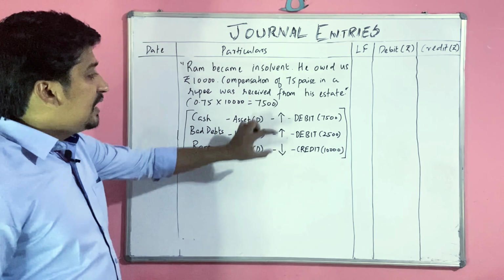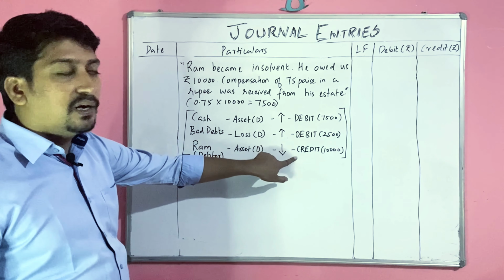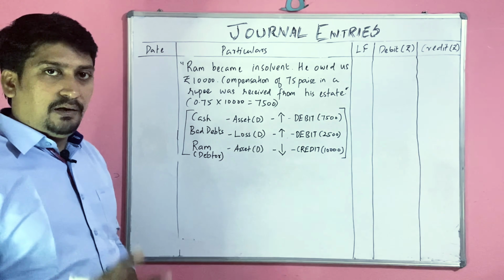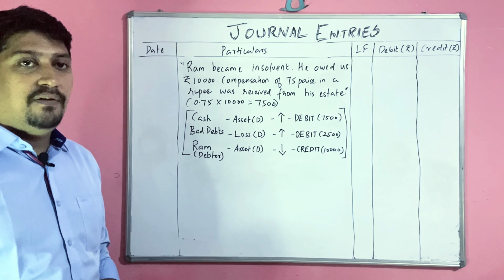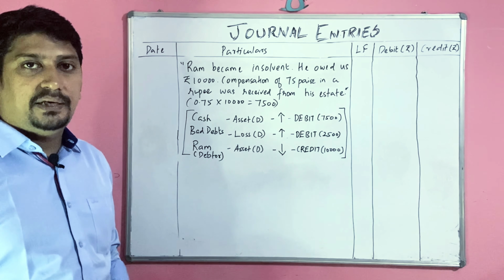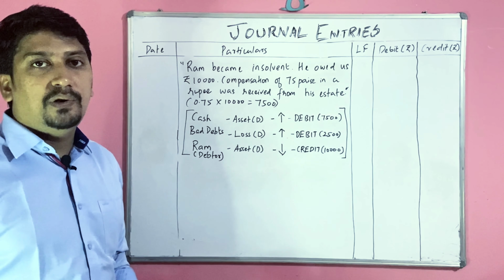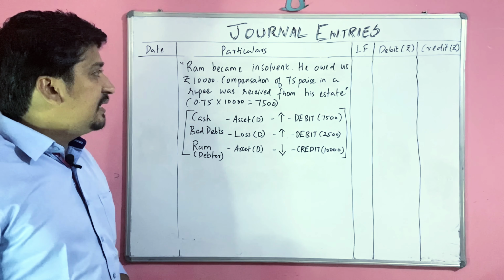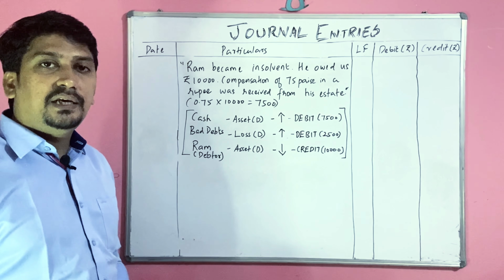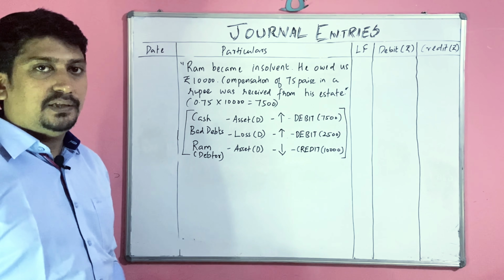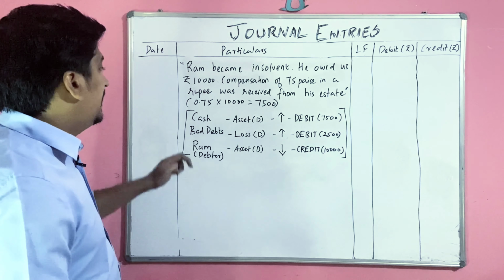You see, there are two debits and one credit. I told you there will be two effects, but both effects will affect a minimum of two accounts. It can be more than two accounts, like in this case. Since it is a compound entry, I told you that also. When there are more than two accounts, then it must be a compound entry, that is a combined entry. Here there are two transactions.